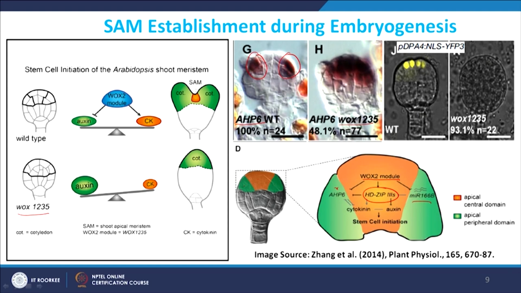So, when you do not have WOX2, you can see that AHP6 expression is coming in the central domain, and this pathway regulates a critical balance of auxin and cytokinin signaling, and this critical balance is regulating stem cell initiation and a balance between stem cell division and the cell differentiation program.